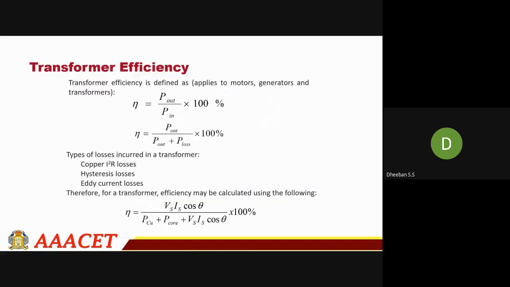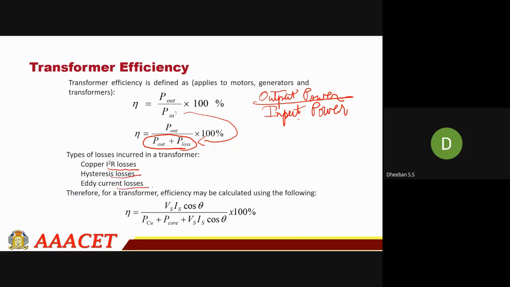Next is your transformer efficiency. Efficiency, you already know, is your output power divided by your input power. Your input power includes losses, so input power is equal to output power plus losses. The losses are copper loss, as I have discussed, the I square R loss, then hysteresis loss and eddy current loss.